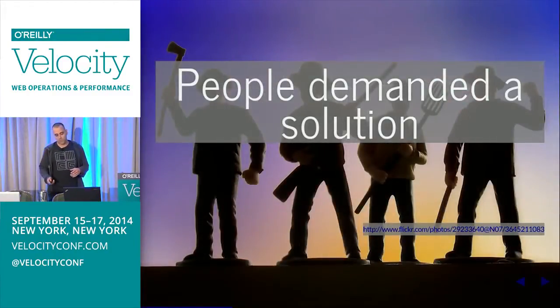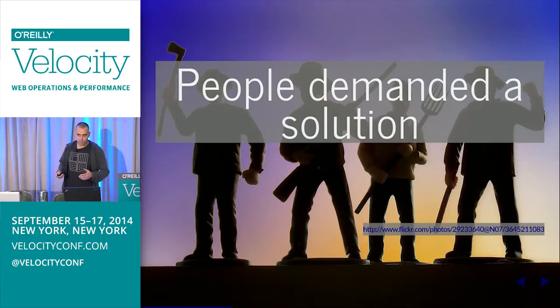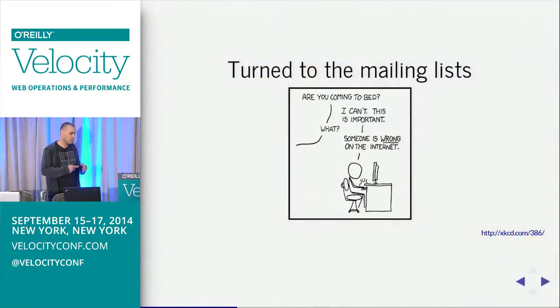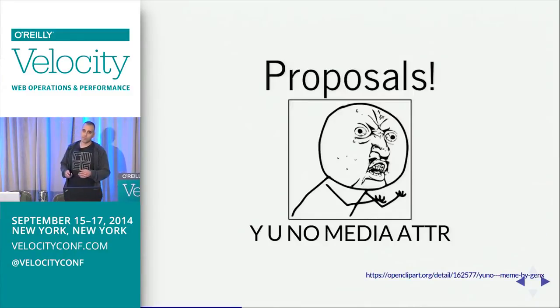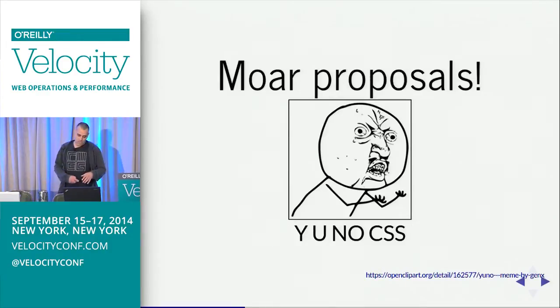So the development community started talking about it in blog posts, which then moved to the various standards mailing lists, and started discussing various proposals regarding how we can solve this. How can we make responsive web design performant when it comes to images?